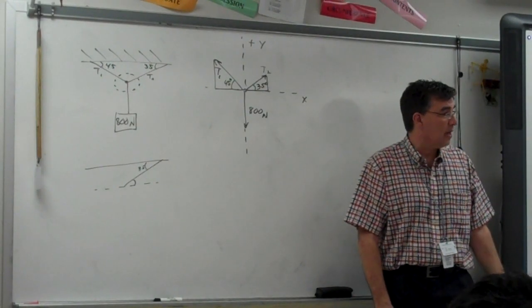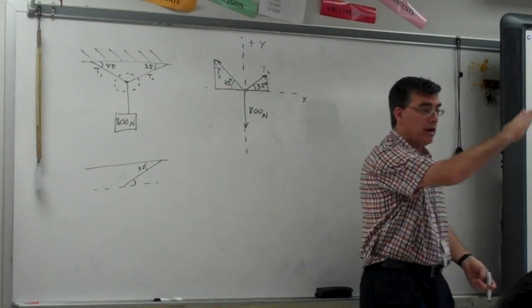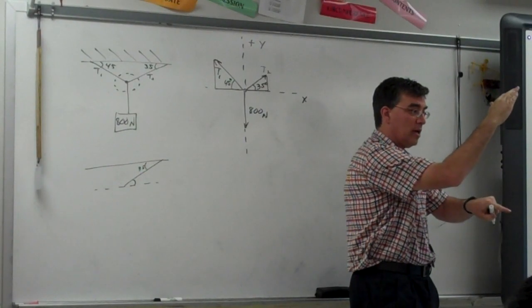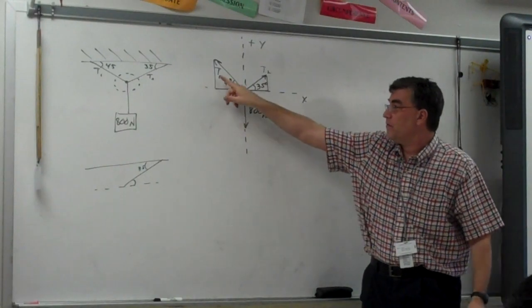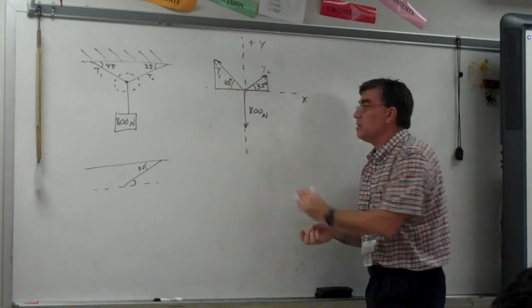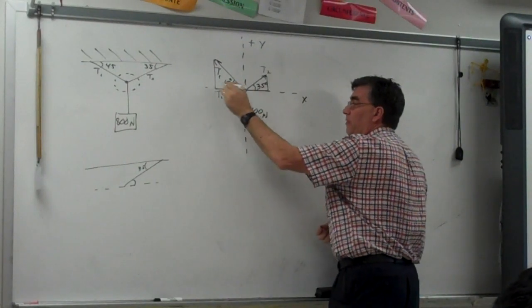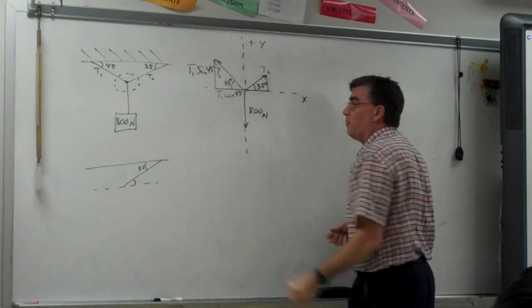of the triangle. They're right triangles, and all I'm doing is finding the sides of the triangle. Now, just like we had a velocity vector when we knew this angle, the velocity in the X was v cosine of theta, the velocity in the Y is v sine of theta. Same thing here. If this is T1, this is T1 times the cosine of 45. This is T1 times the sine of 45.